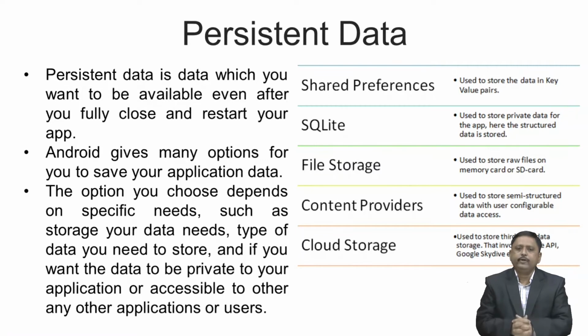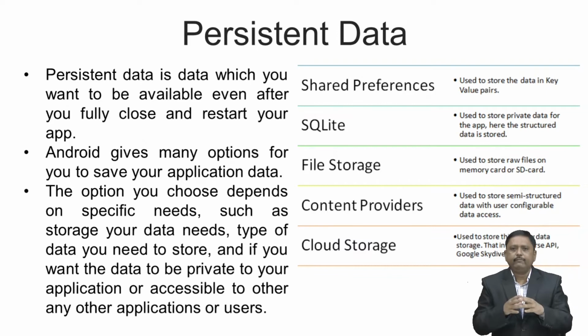The option you choose depends on the specific needs, such as storage your data needs, type of data you need to store, and if you want the data to be private to your application or accessible to other any application or users. For example, generally app can use its own data only. It cannot use data stored by other app.